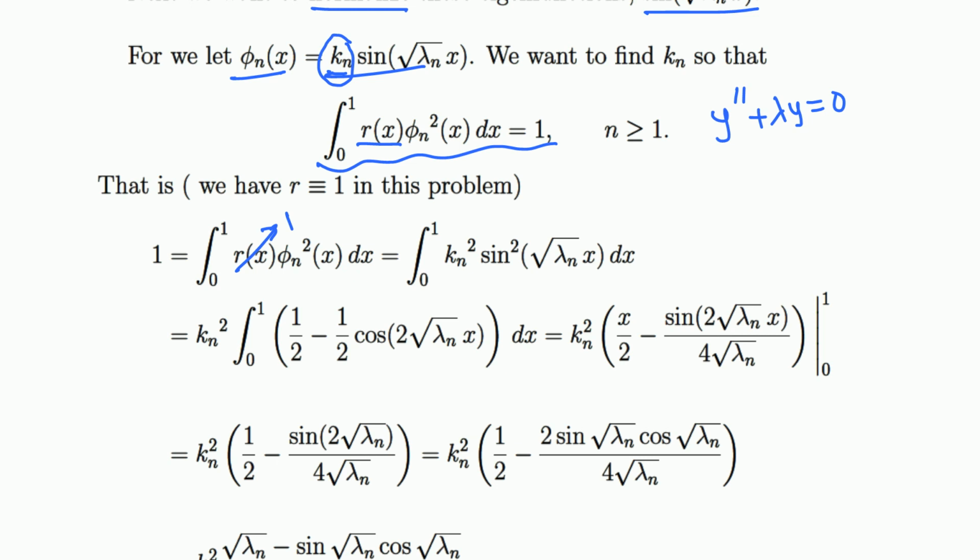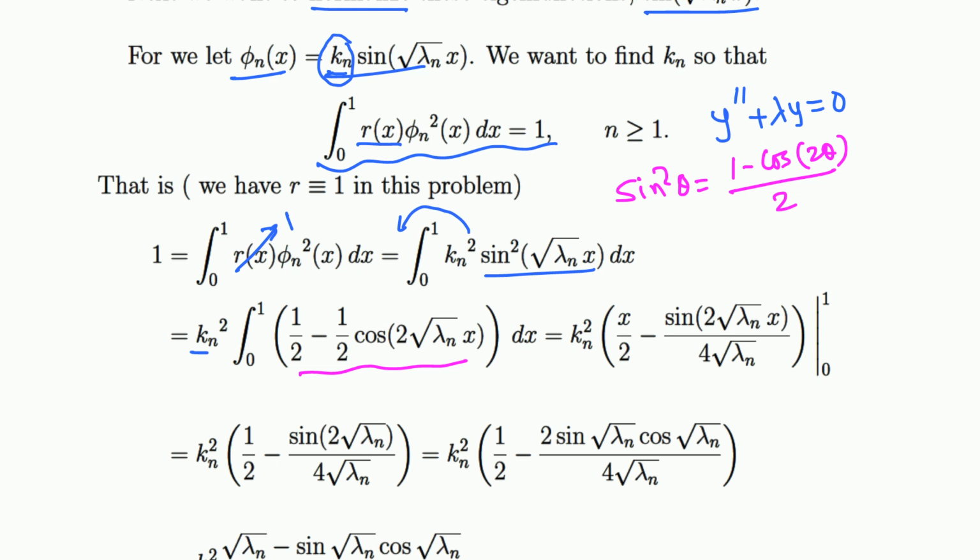Phi n squared means kn squared sine squared, and we can pull kn squared outside. Now we need to integrate sine squared, and we cannot integrate it the way it's written. It is the same as 1 minus cosine of the double angle 2 theta, over 2. So 1/2 minus 1/2 cosine 2 theta, where the angle is root lambda n x.